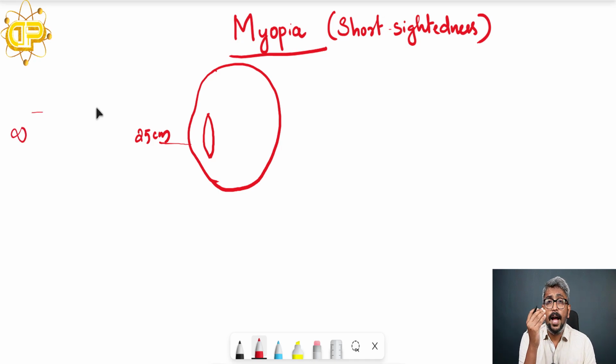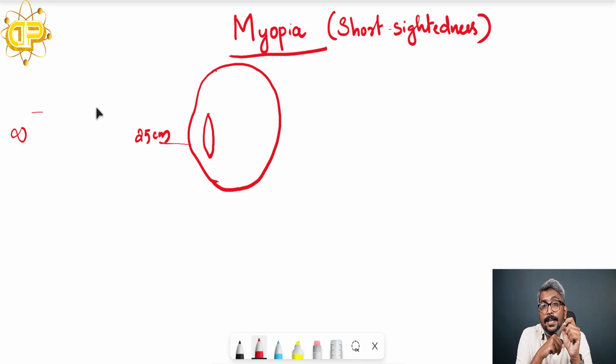I can also see objects nearer than 25 centimeter, but I cannot differentiate those points clearly.